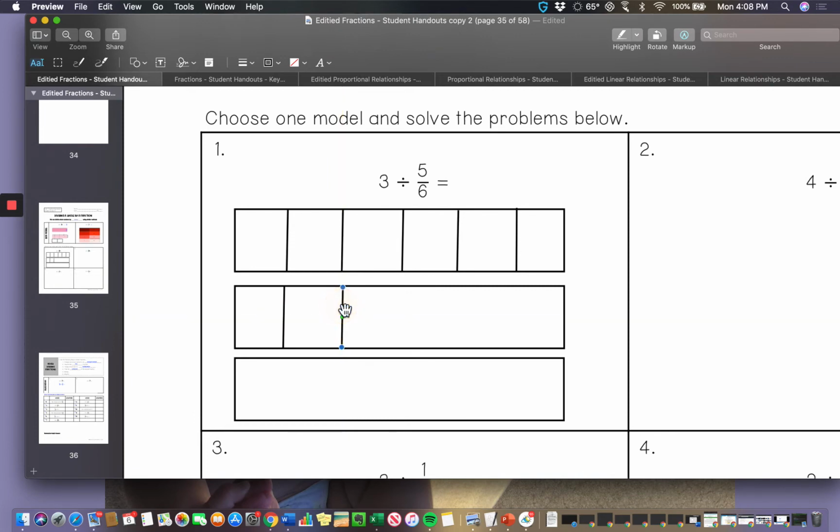But now I'm going to need a set of 5. So every time I get a set of 5, I'm going to count it as 1.